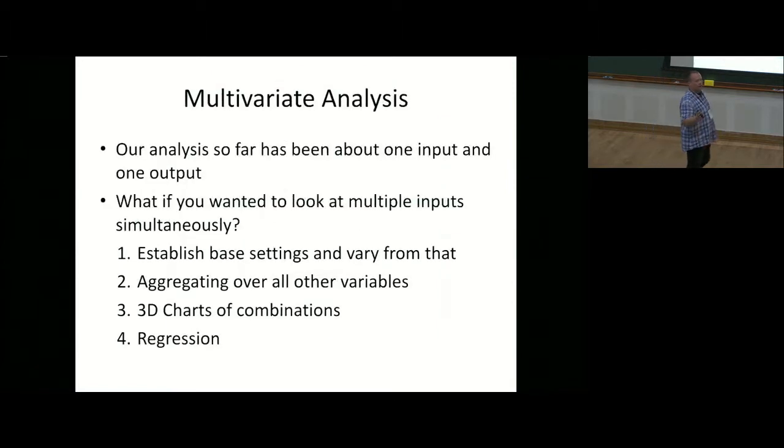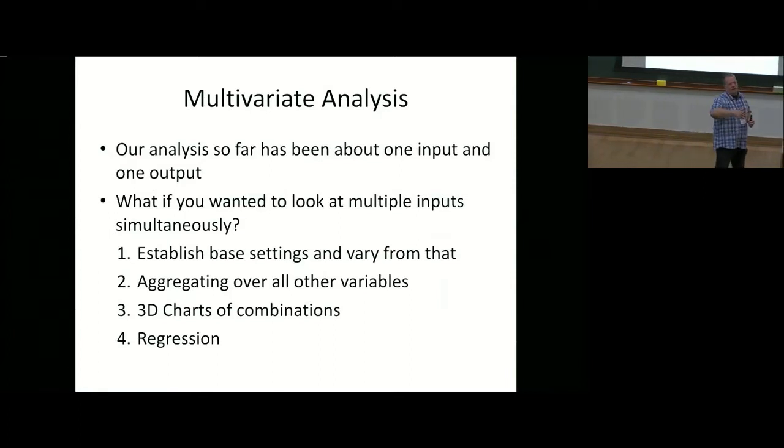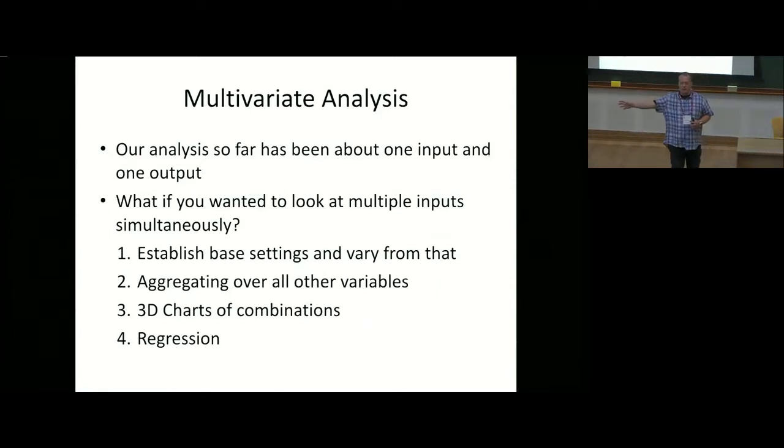So far, we've constantly been talking about how to analyze just one data point, one output. But a lot of times in an agent-based model, there might be multiple variables that we want to look at together.